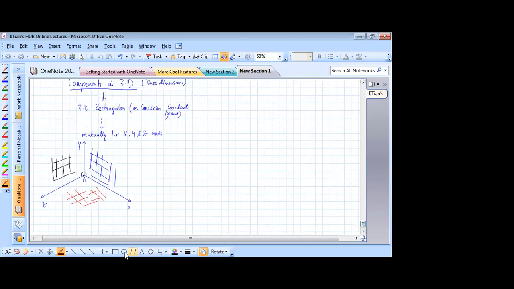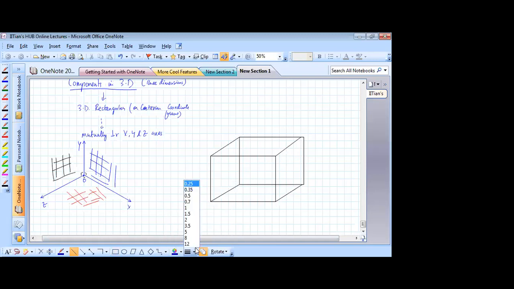Another way to visualize the same is that you just think of a cuboid like this. Now in this cuboid, you make one of the edges your x-axis, one of the edges your y-axis, and the third edge your z-axis.